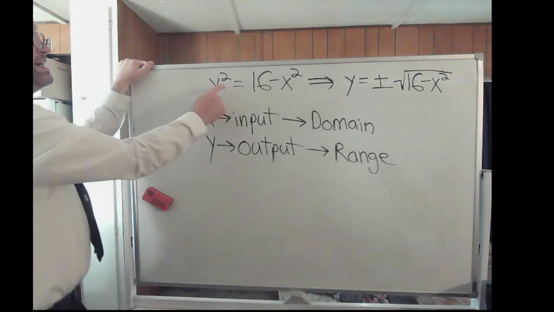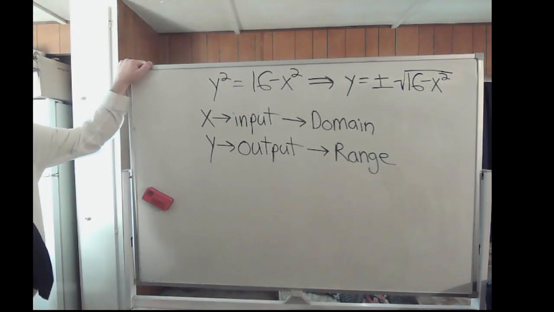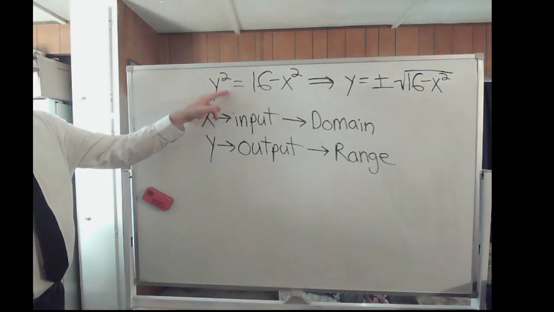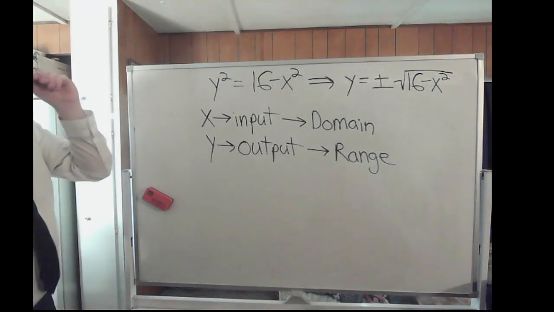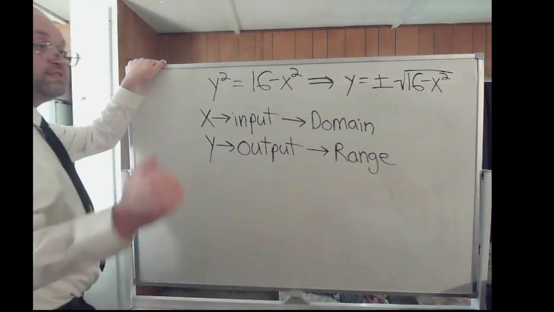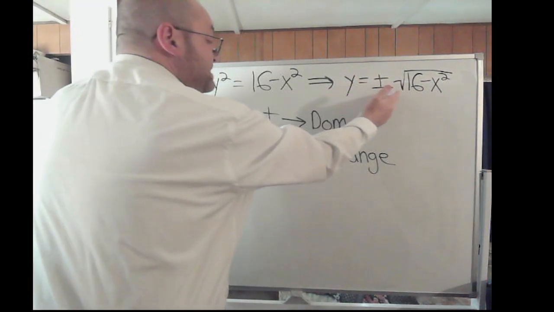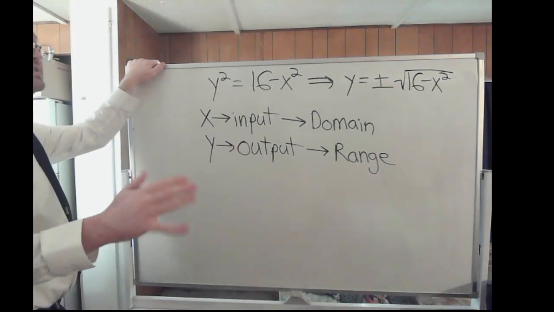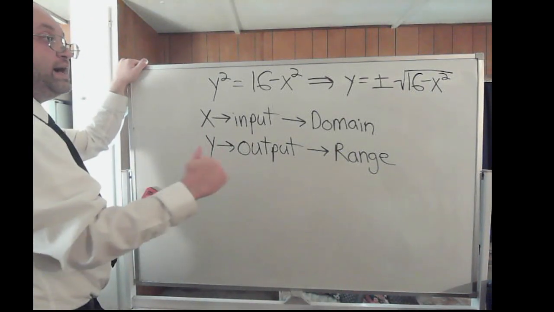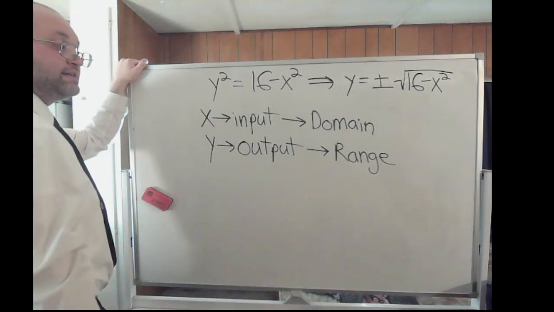For now here in Algebra 1, the y should be to the first power in order for it to be a function. In Algebra 2 you'll see it can be other things. And on the right-hand side it should not be both plus and minus for it to be a function. That's basically a dead giveaway algebraically that this is not a function, because you'll have two solutions for y for each solution of x.